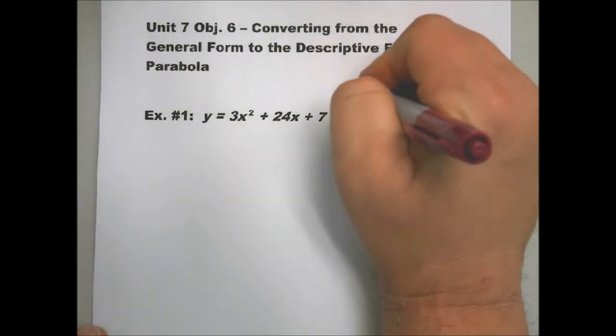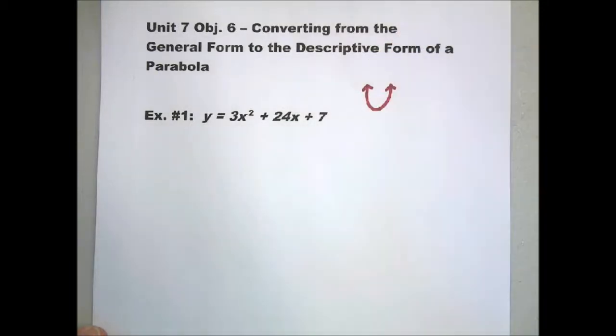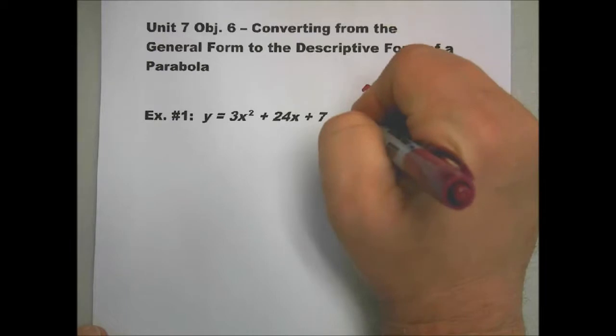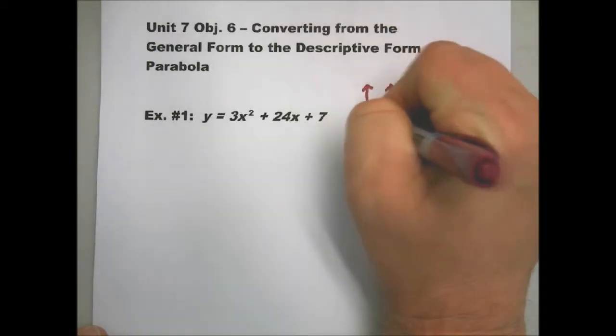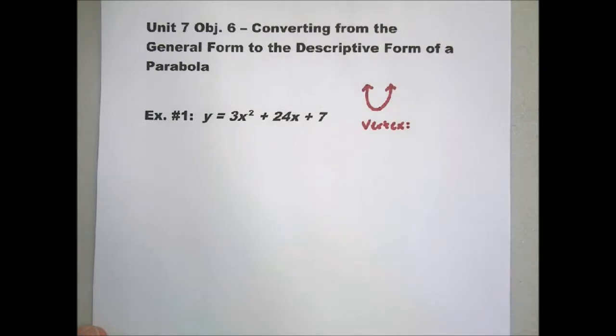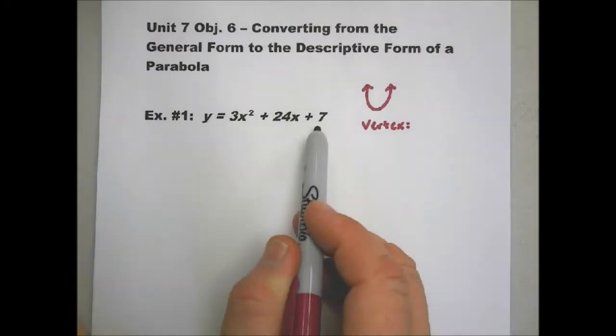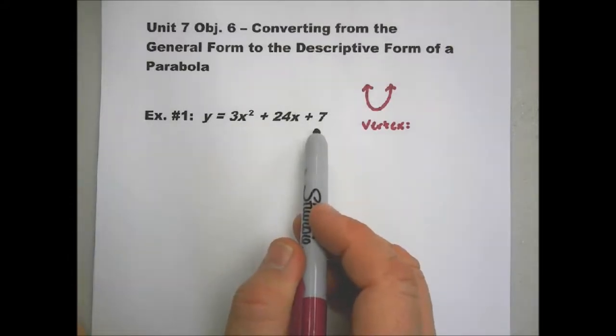So we know it's an up parabola. But the next question is, what's the vertex? What is the point that represents the vertex? Well, to answer that question, we're going to convert from this form to descriptive form by completing the square.